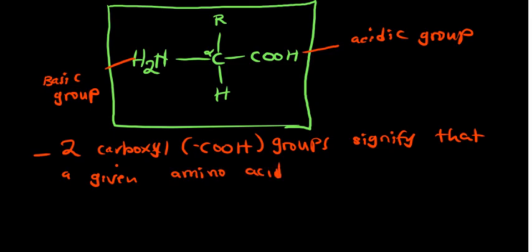So this signifies that a given amino acid is acidic, since we've already noted that the carboxyl group is acidic.